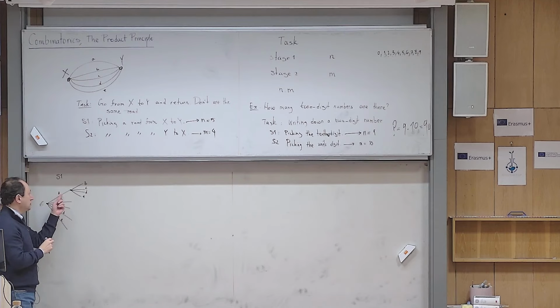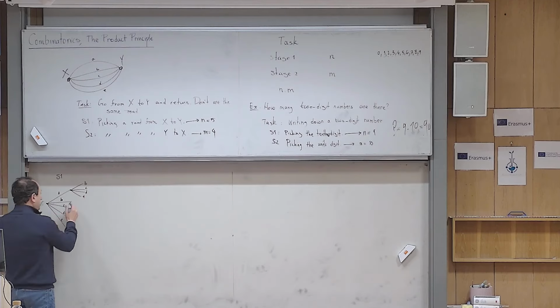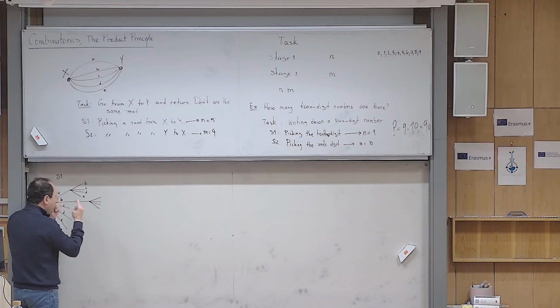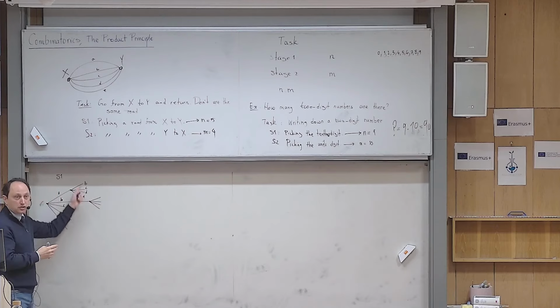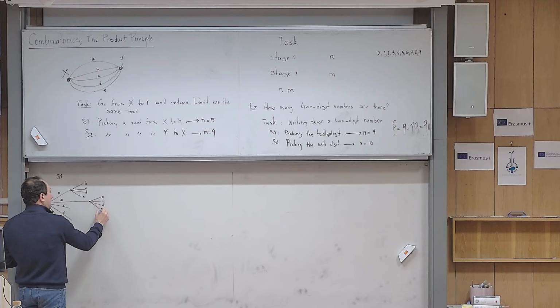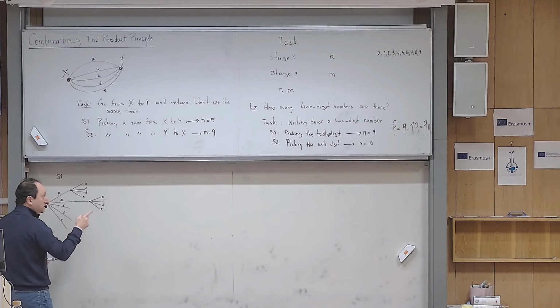Here I have used road A. When I want to come back, I have these choices. How many of them are there? 4. But now let us say that I have chosen this one. How many options do I have again? I have 4, but the options are different. So what happens here? I have A, C, D, and E. Be careful.